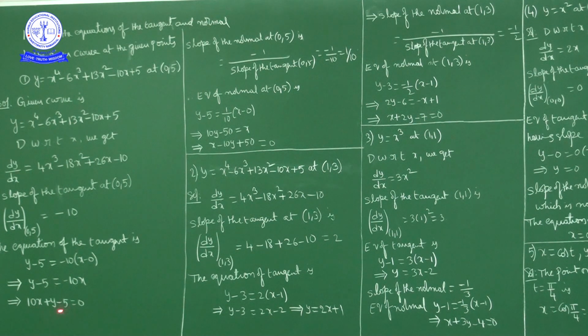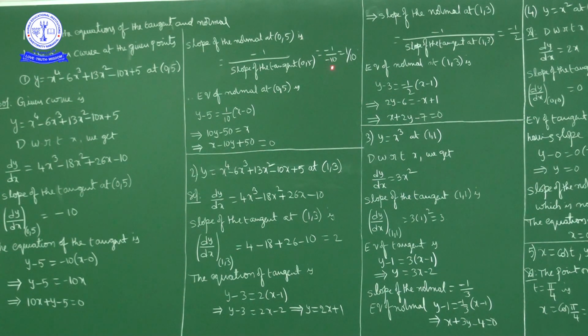Okay. Now the equation of normal. To find the equation of normal, first of all, the slope of the normal is what? The slope of the normal is minus 1 by the slope of the tangent. So the slope of the normal at (0, 5) is equal to minus 1 upon the slope of the tangent at (0, 5). The slope of the tangent at (0, 5) is minus 10.